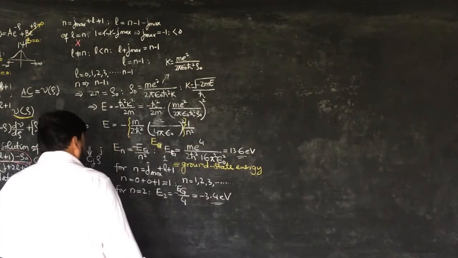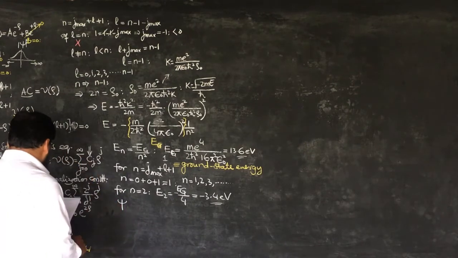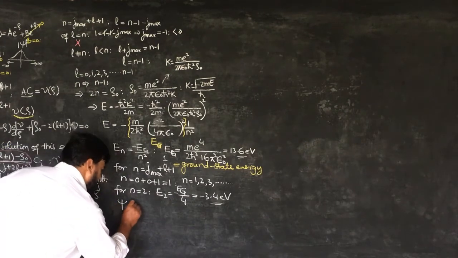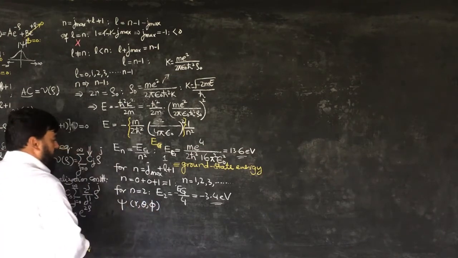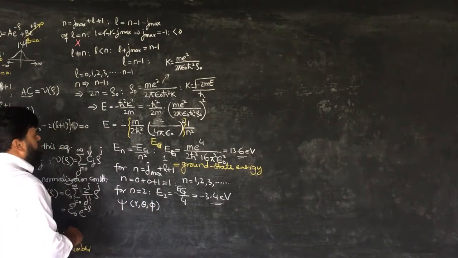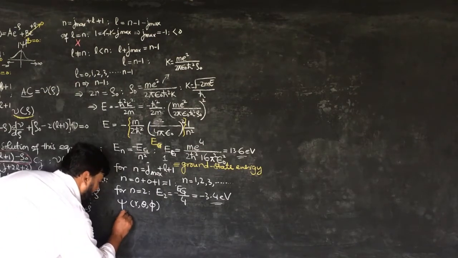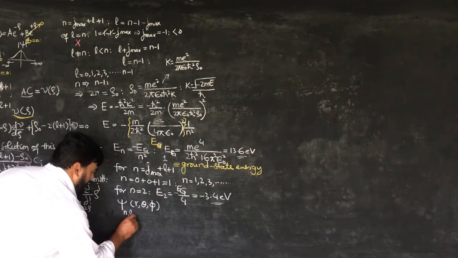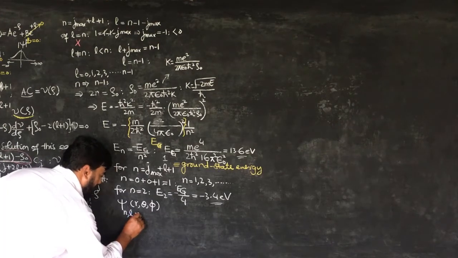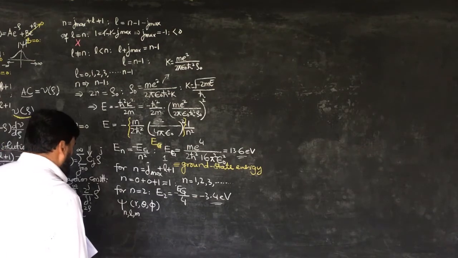So I can write that the wave function which I have is a function of r, theta and phi. Now different quantum numbers were involved. From the radial I get n and l, and from the angular I got l and m. So my wave function will be psi n l m.